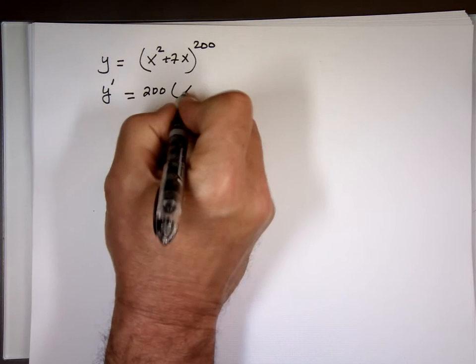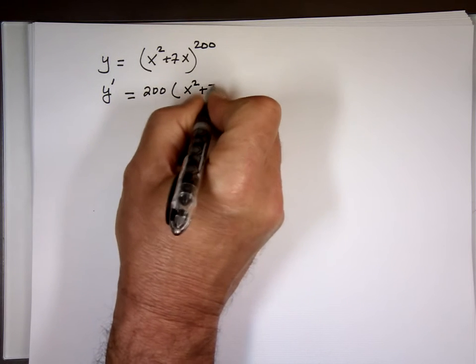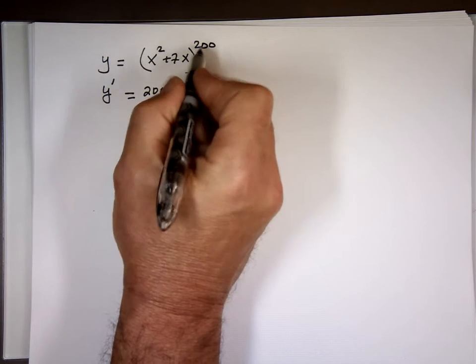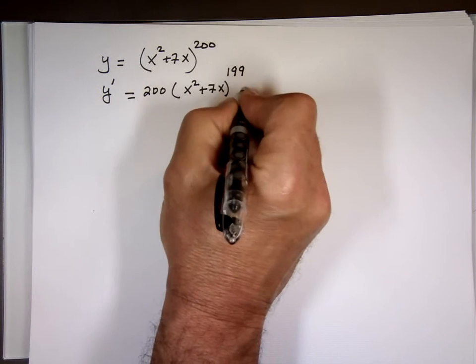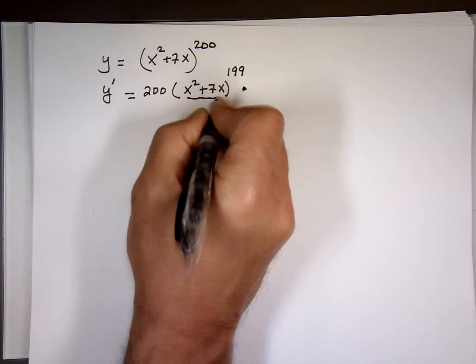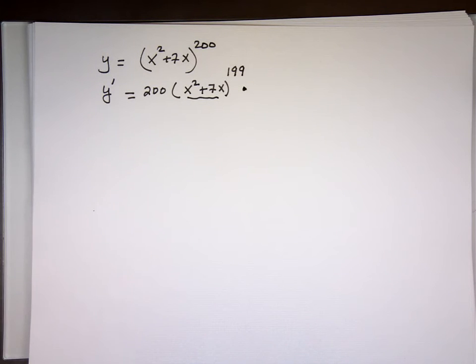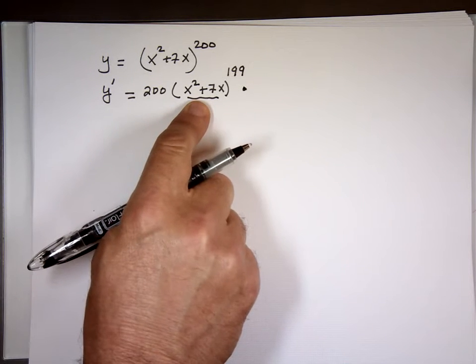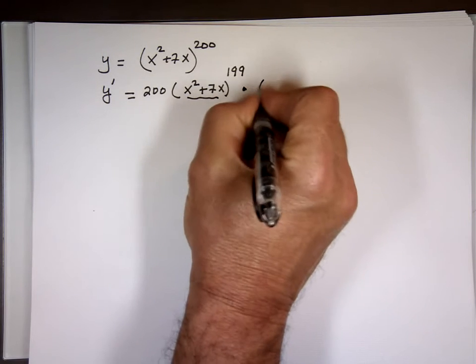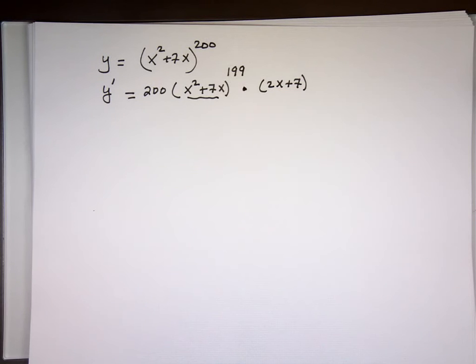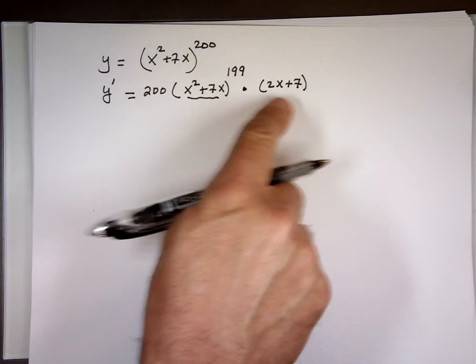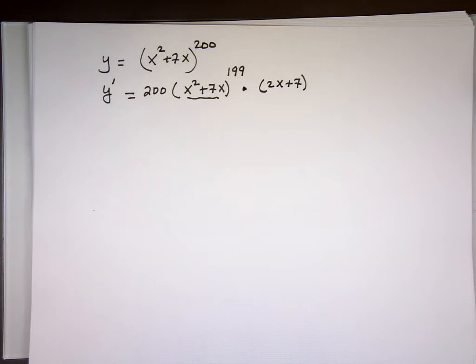Write that to what power now? 200 minus 1, which is 199, times the derivative of this. What's the derivative of x squared plus 7x? 2x plus 7. And if you want to multiply the 200 times that, go ahead, knock yourself out.